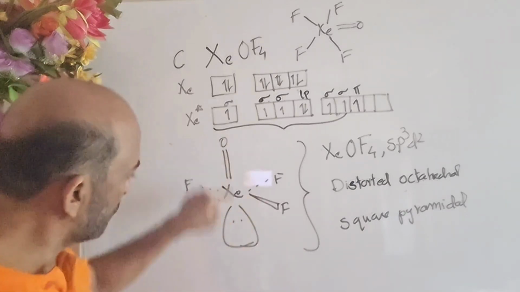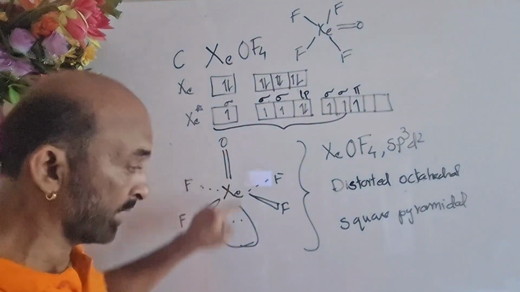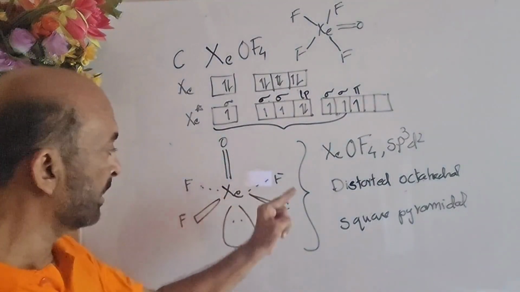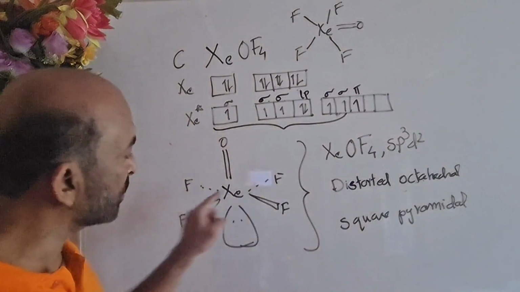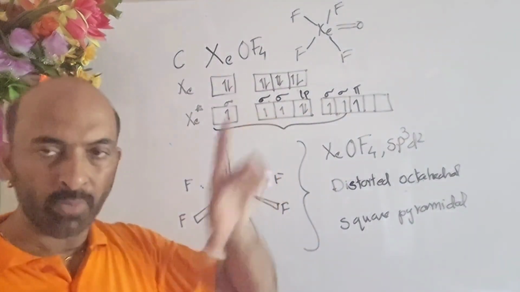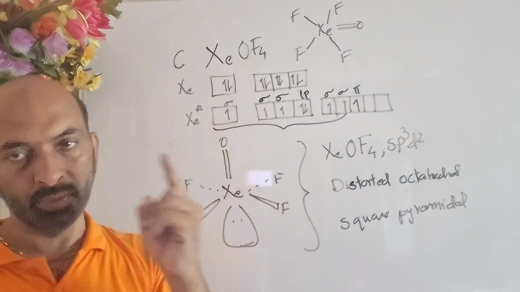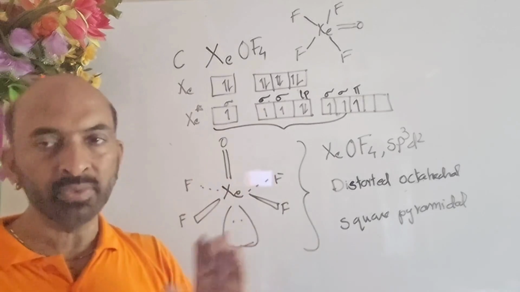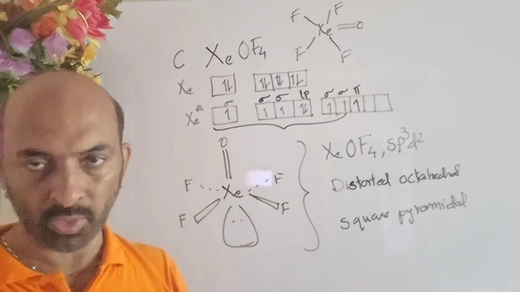You can keep 2 bonds above and below in octahedral structure, and 4 remaining in the equatorial position. You can make any opposite pair the axial so that the other 4 become equatorial. So axial and equatorial distinction is not there in true octahedral geometry.